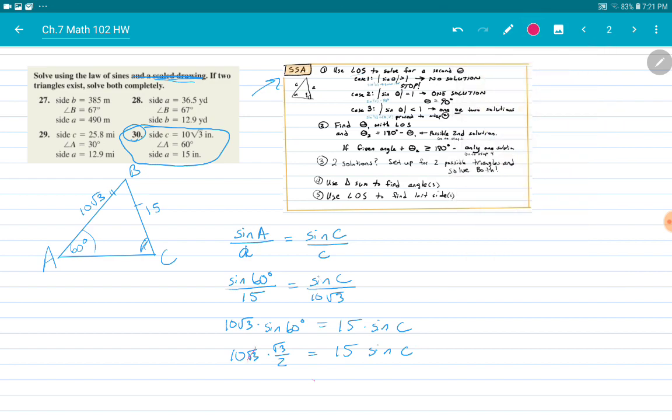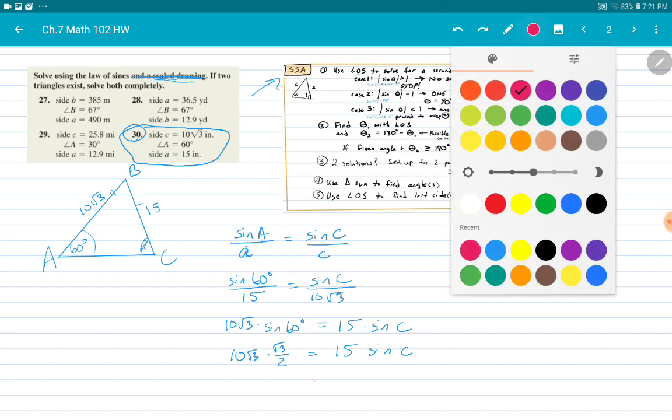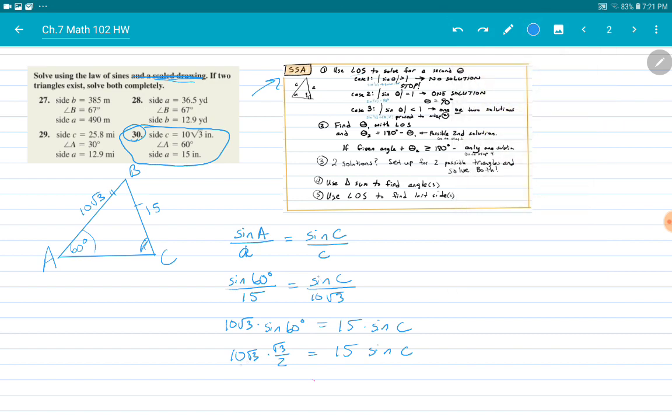My radical, oh no, I'm sorry, they won't cancel because they're next to each other. They will multiply and become a 3. So I get 10 times 3. Radical 3 times radical 3 is 3. So 3 times 10 gives me 30 over 2, which equals 15 sine of C, which is equal to 15.